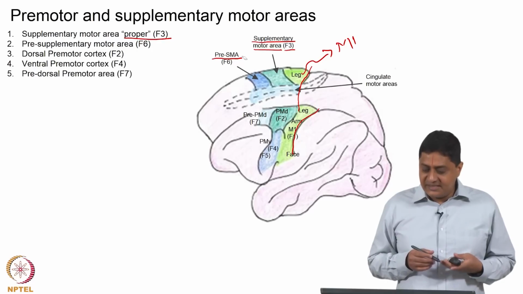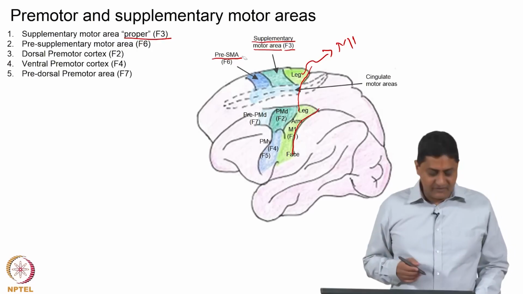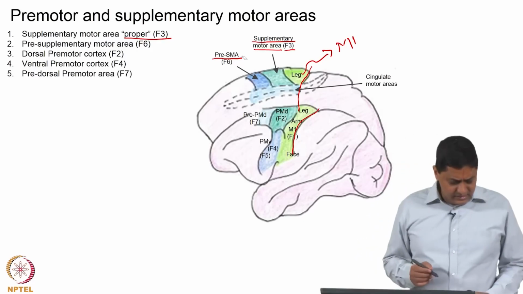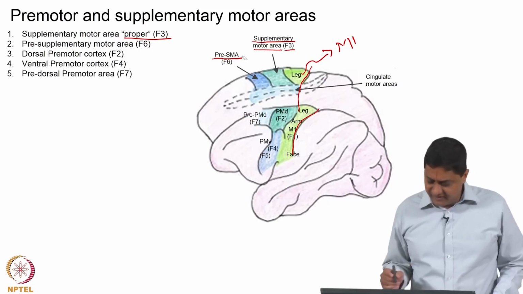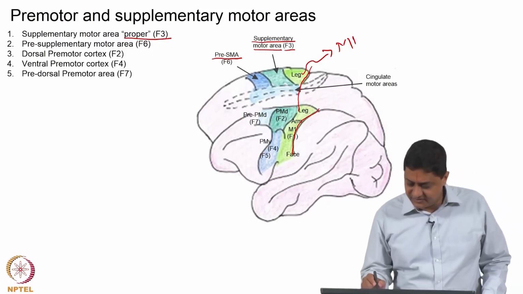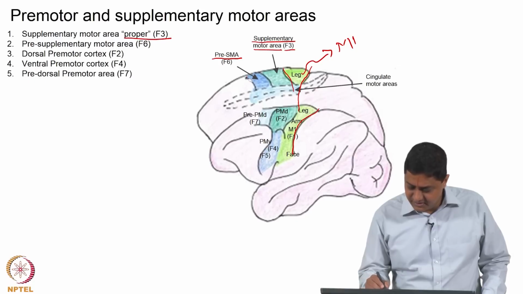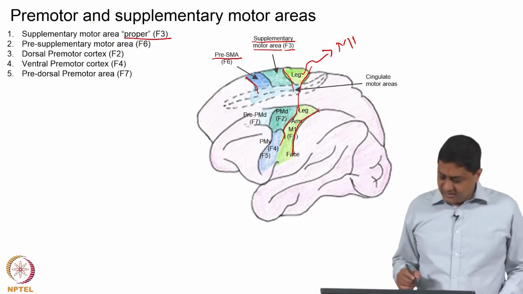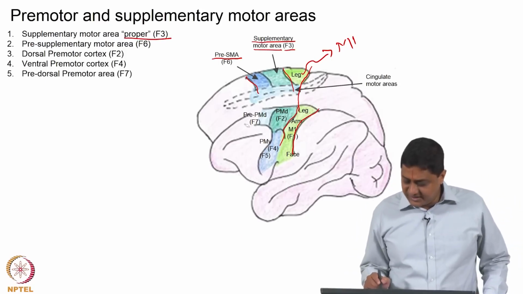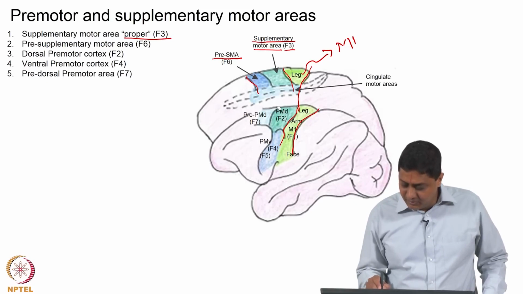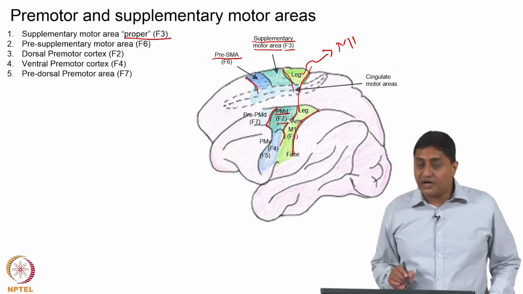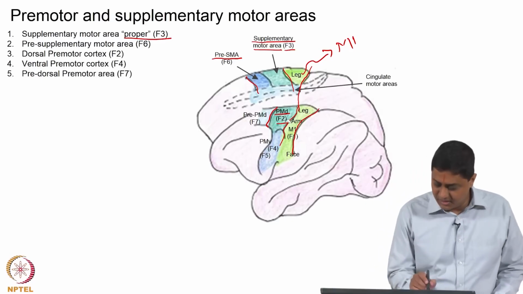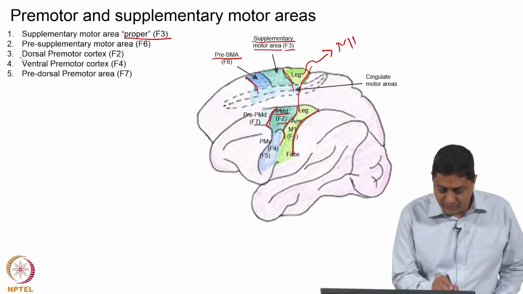Also, other functionally distinct regions have been found. The dorsal convexity of area 6, so this is area 6, right, has been divided into two parts. The more caudal region is called the dorsal premotor cortex, or area F2.